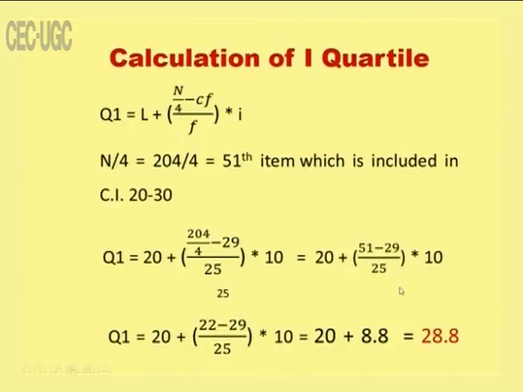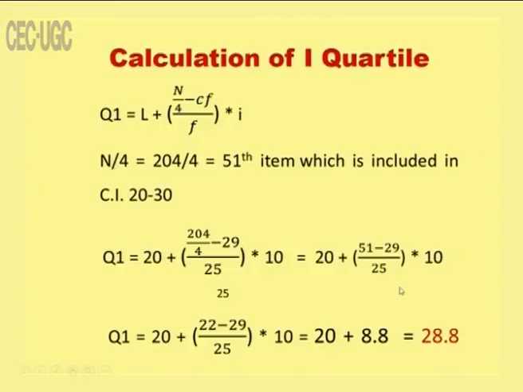So, again let me repeat: L is the lower point of the class interval which is having the first quartile, n is the total number of items, Cf is the cumulative frequency of the class prior to that first quartile class, f is the frequency and I is the class interval.